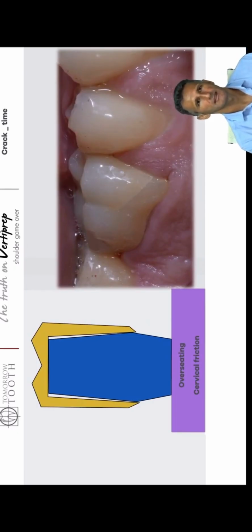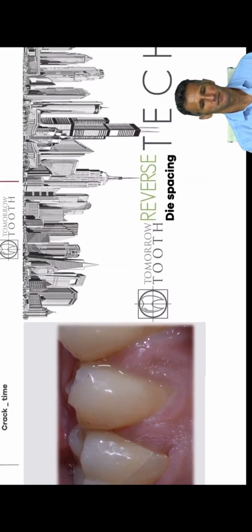When you apply the same die spacing technique of horizontal preparation to vertical preparation, you will start to experience these sorts of problems. And this is the reason why, when we started to use very thin monolithic zirconia crowns, we experienced a lot of chipping and fracture during try-in and a lot during cementation.